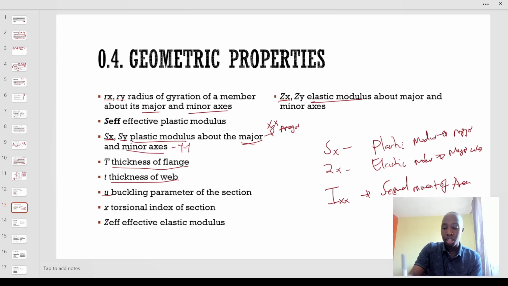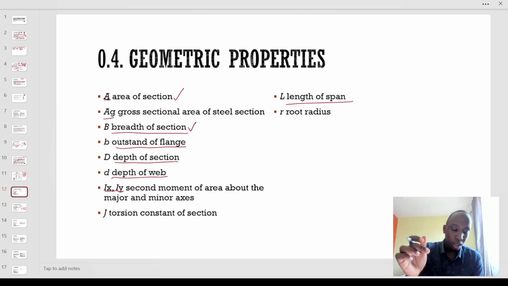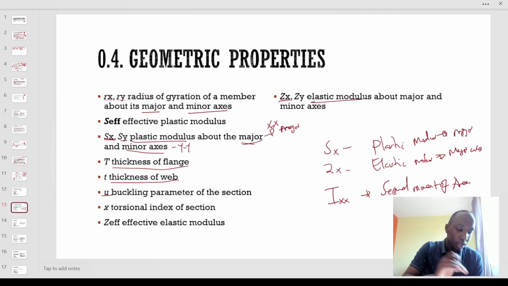Also we have major axis. What else have I not talked about? R, yeah, RX and RY. RX and RY, this will be the radius of gyration.